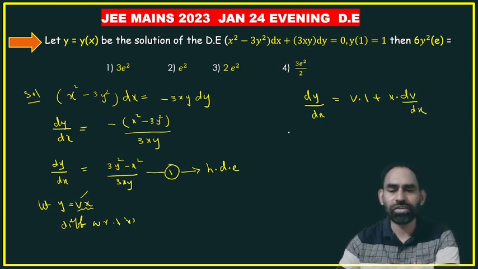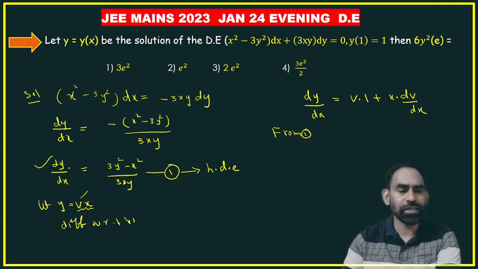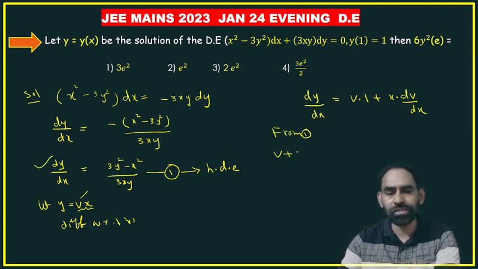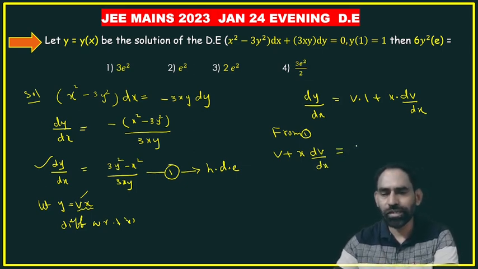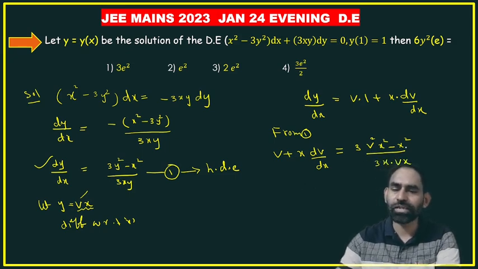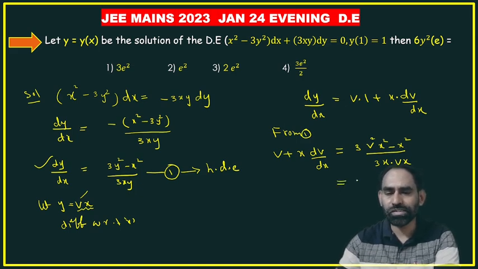Now substitute in equation 1. In place of dy by dx, we can write v plus x into dv by dx. In place of y, we write vx. Therefore, 3 into v square x square minus x square by 3x into vx. In the numerator x square is common, so 3v square minus 1, over 3v x square.